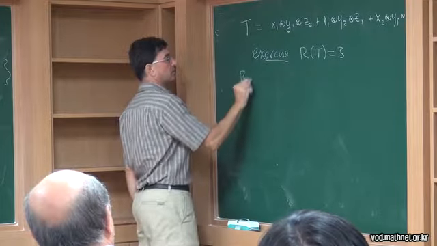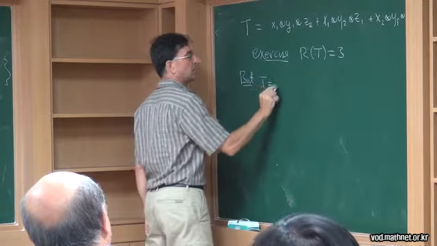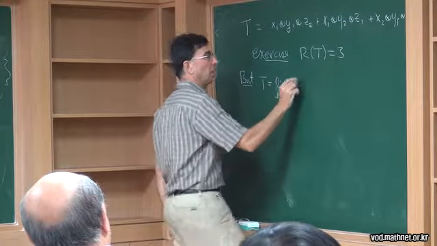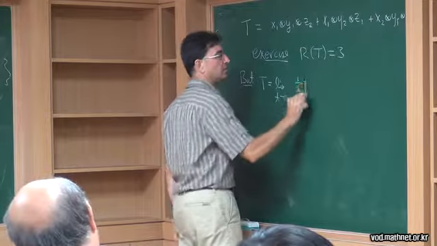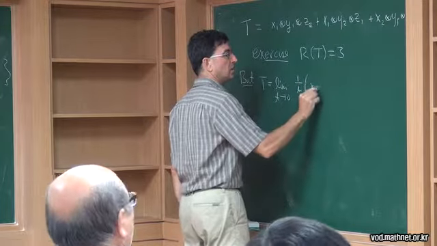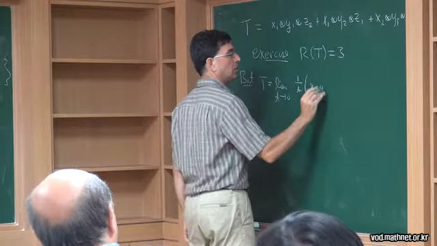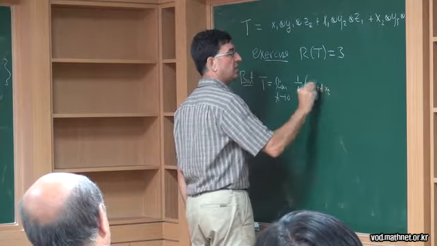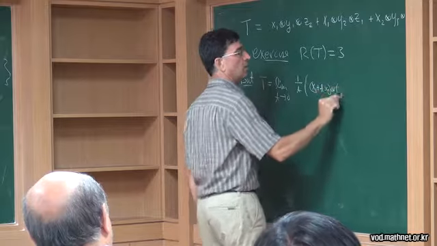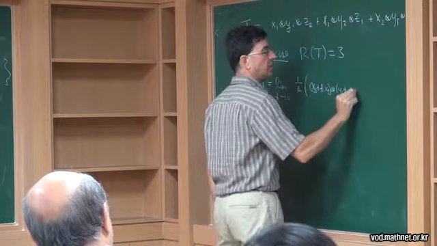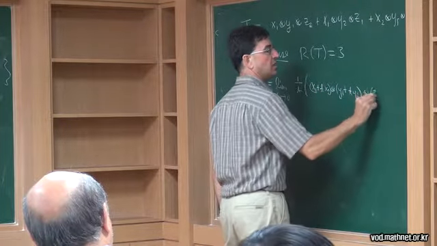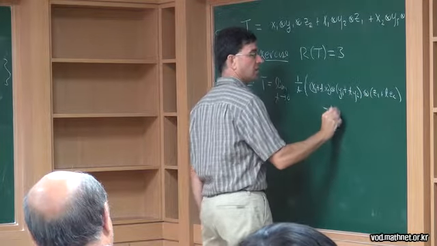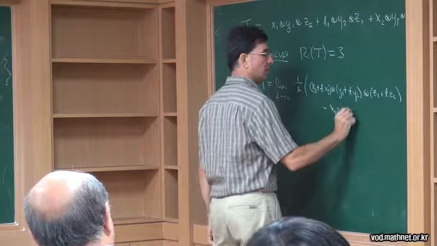But T is equal to the limit, actually, maybe I'll use little t going to 0, of 1 over t times (x1 plus t x2) tensor (y1 plus t y2) tensor (z1 plus t z2) minus x1 tensor y1 tensor z1.